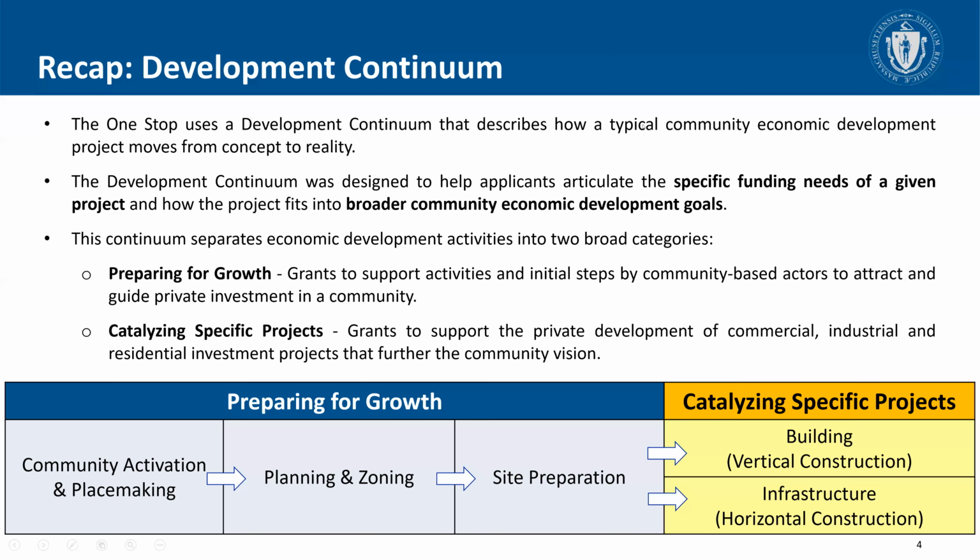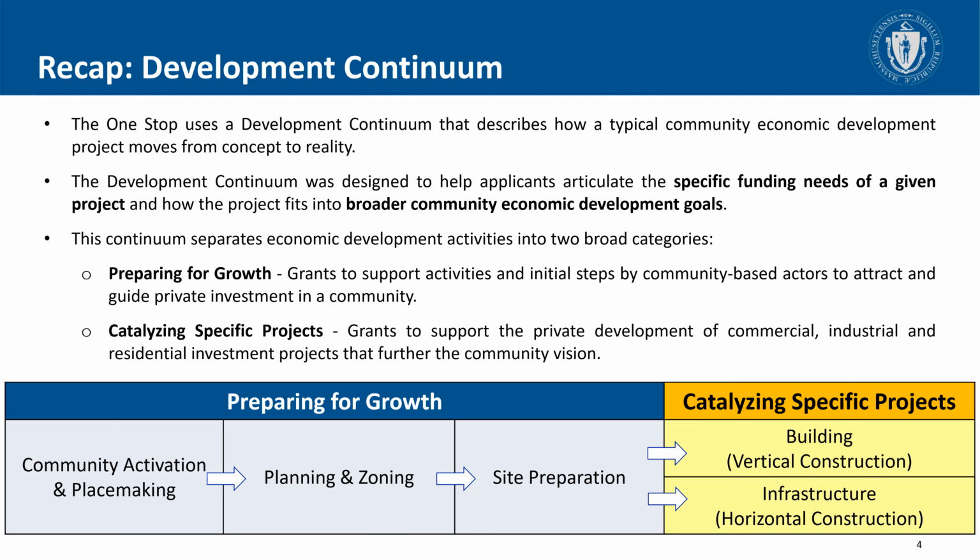We want you to visit all of our programs on the website and review the respective guidelines, as well as sample application templates specific to that program. Again, to recap, we want to go over the development continuum, which is a critical component of the One Stop.